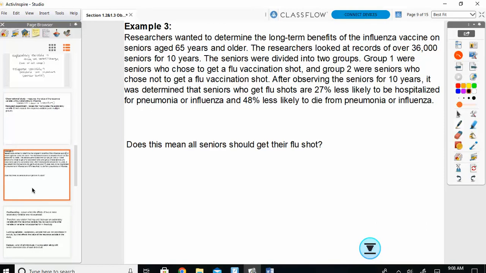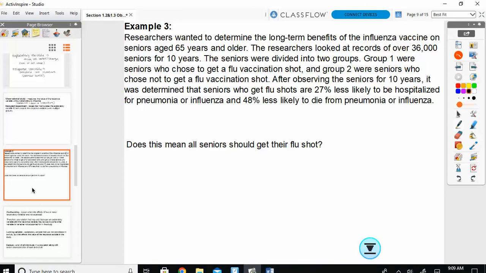So let's take a look at this example. Our researchers want to determine the long-term benefits of the influenza vaccine on seniors aged 65 and older. So they look at records of over 36,000 seniors over the course of 10 years. They were divided into two groups.